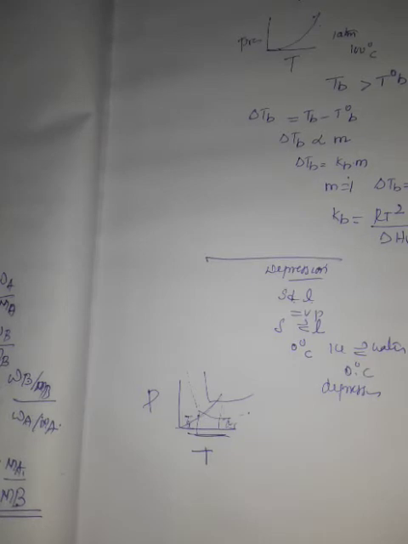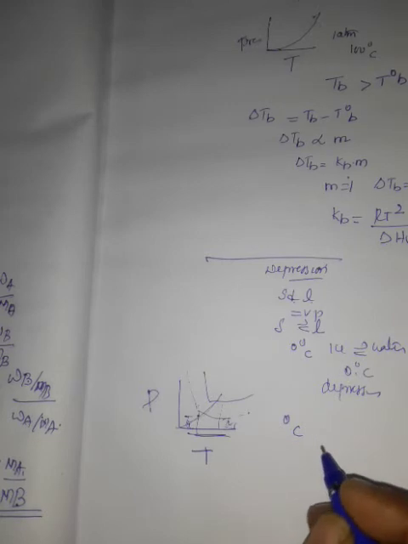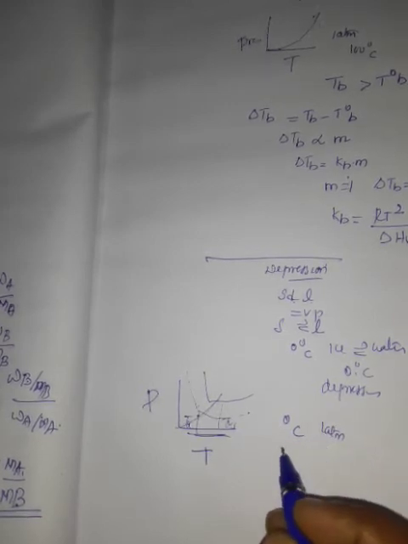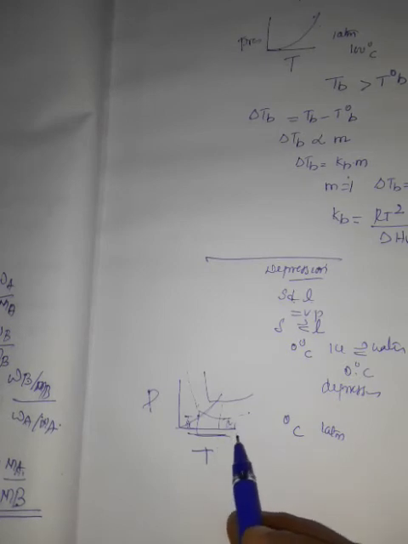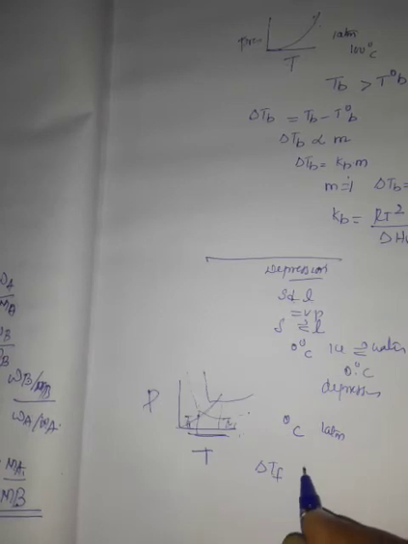So, from the graph it is clear that the freezing point is 0 degrees Celsius, as the vapor pressure at this temperature is 1 atmospheric pressure. The vapor pressure versus temperature curve for the solution indicates that the freezing point is lower than 0 degrees Celsius. So, the depression in freezing point delta Tf can be expressed as T0f minus Tf.